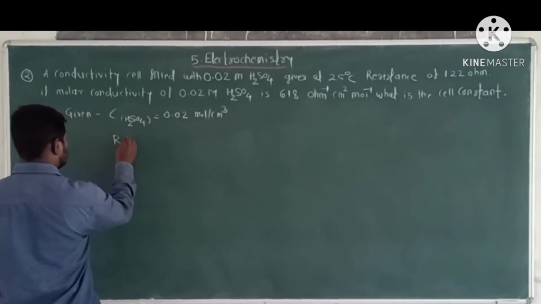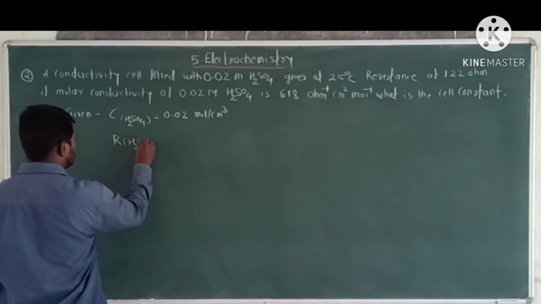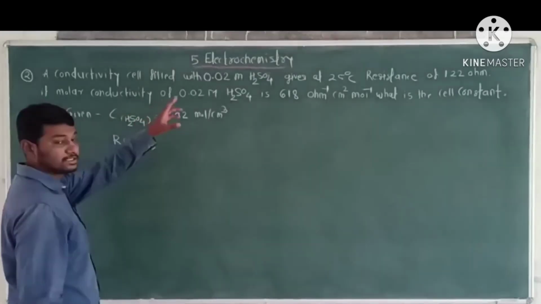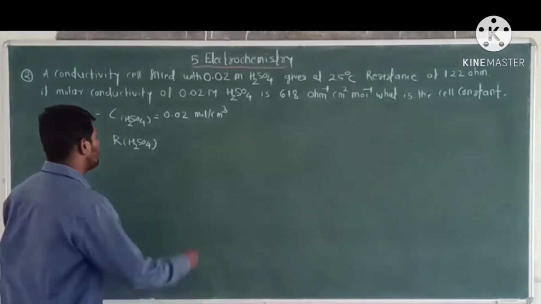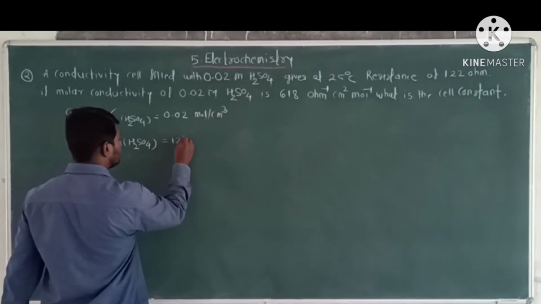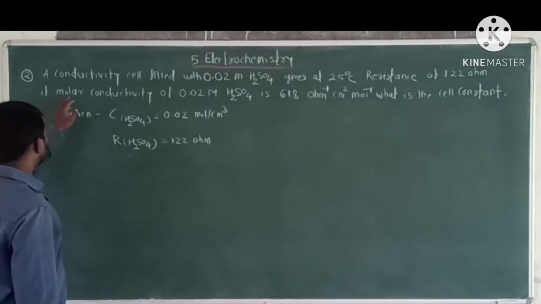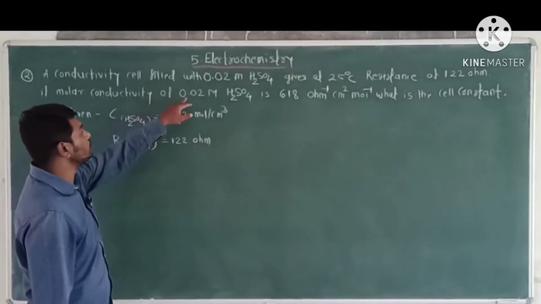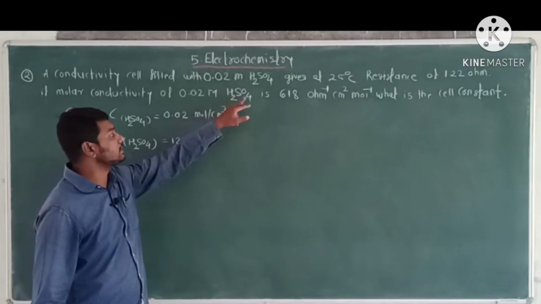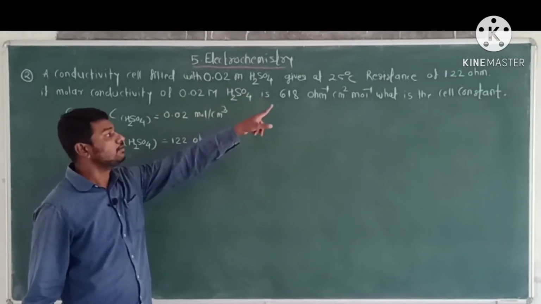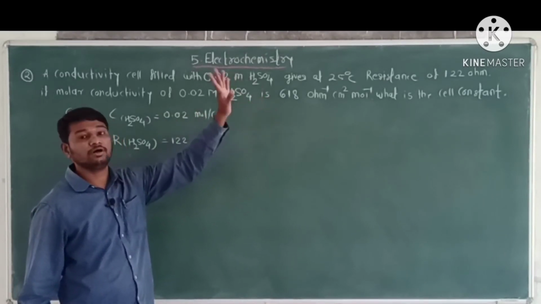Resistance of sulfuric acid at 25 degree Celsius is 122 ohm.